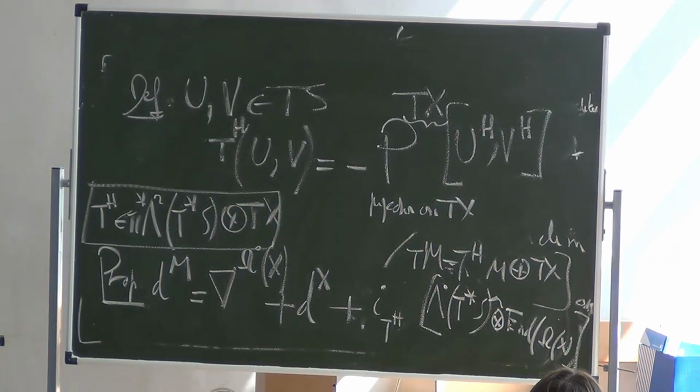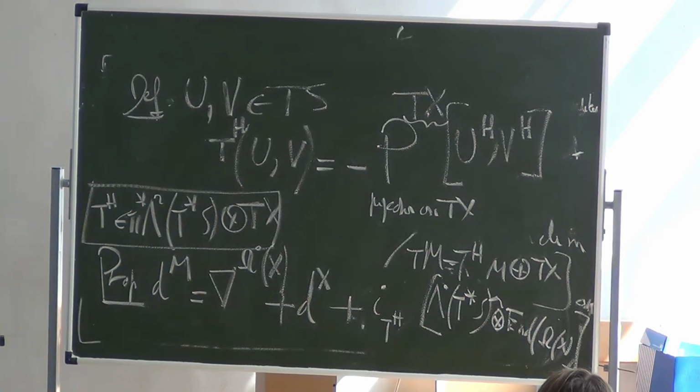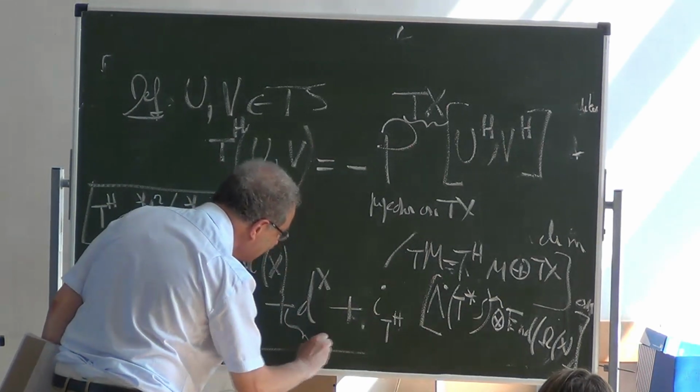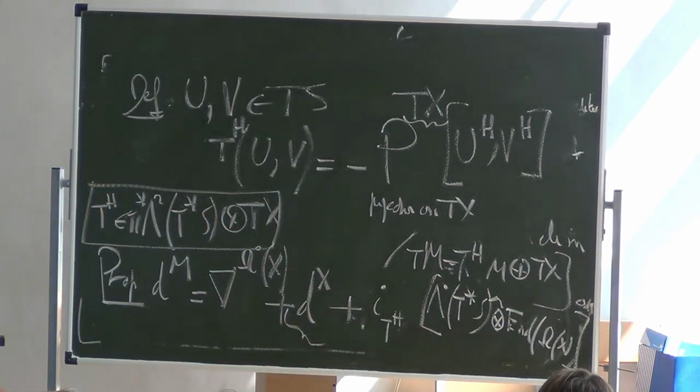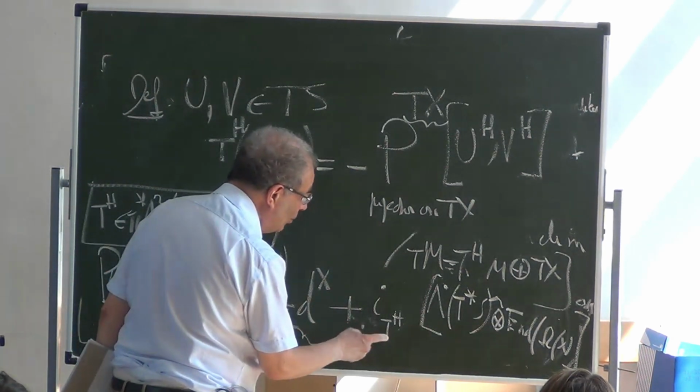So why is that? This formula is very easy to prove, but let's see that this in effect has a preferred structure, because d^X is an endomorphism of the relative de Rham complex which is odd. Obviously it's odd. It exchanges even and odd forms. And i_{T^H}, what does this mean?